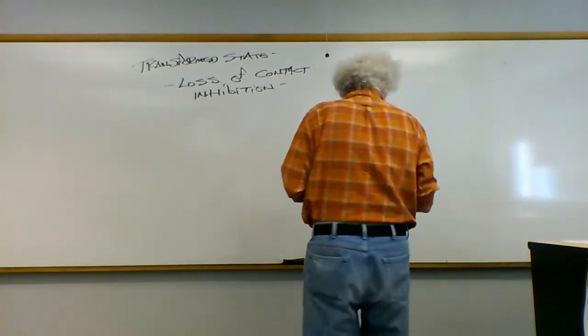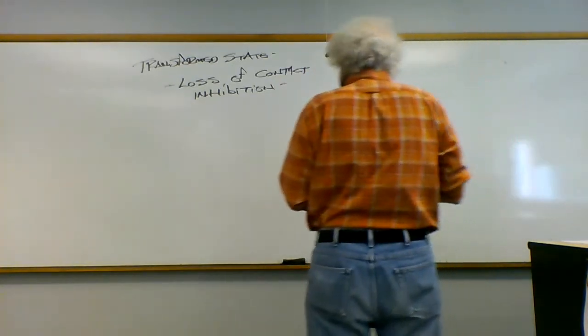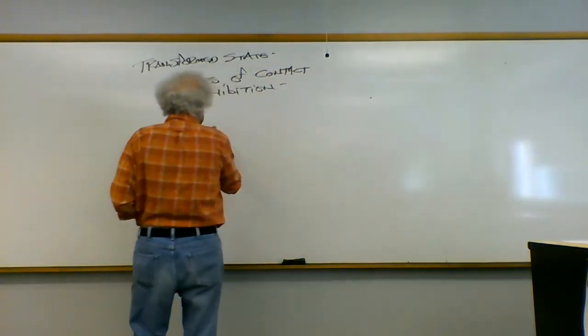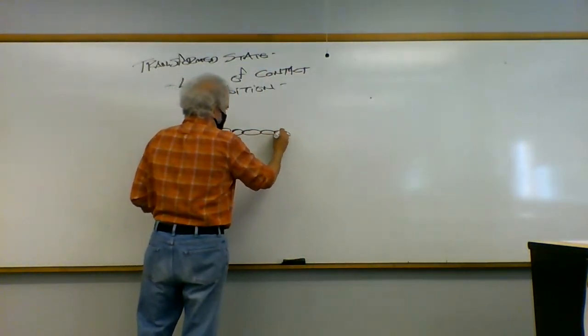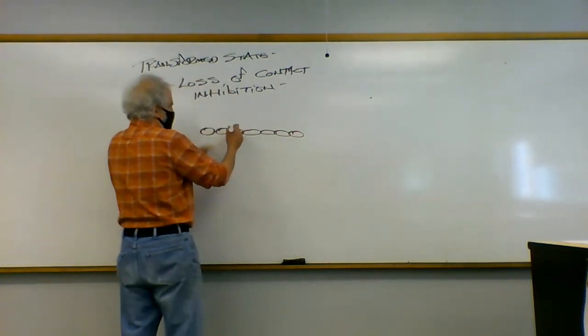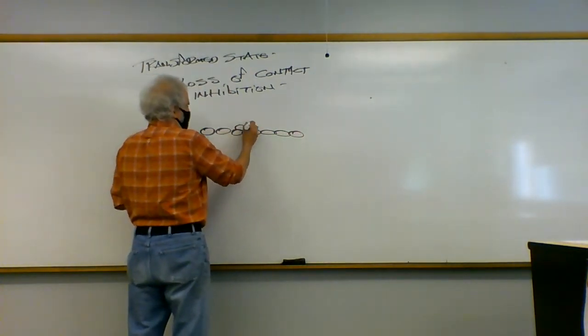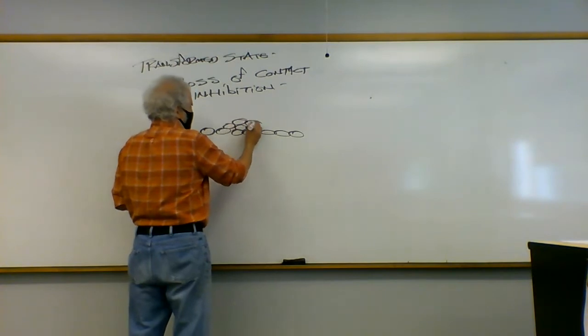A loss of contact inhibition on the tissue culture plate will result in something that starts to look like this, where the cells have connected, they've contacted, and then they start to pile up on top of each other.